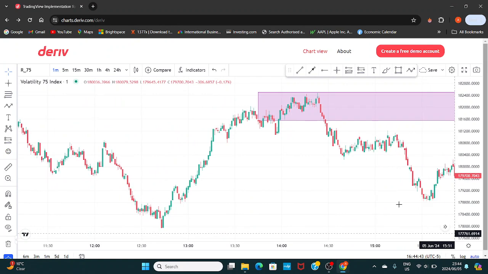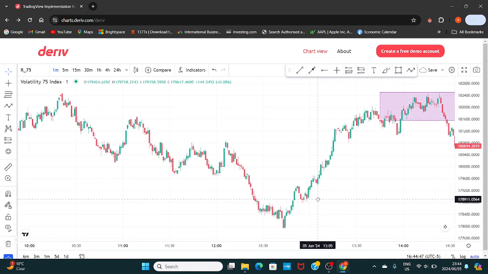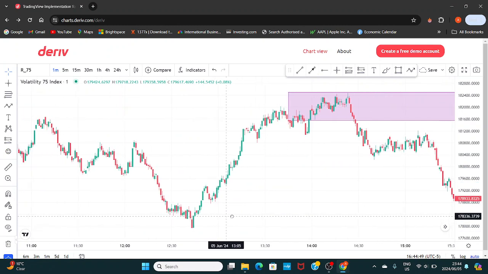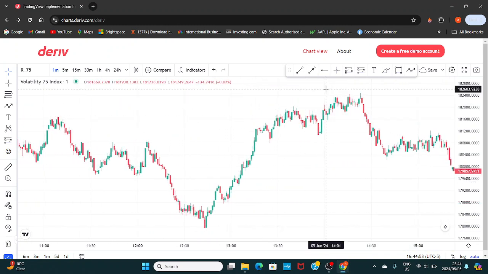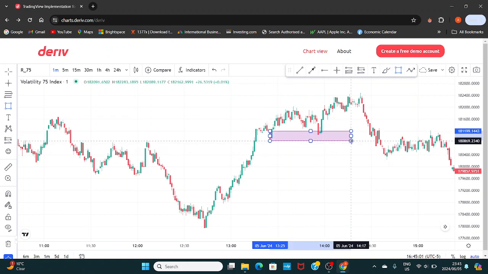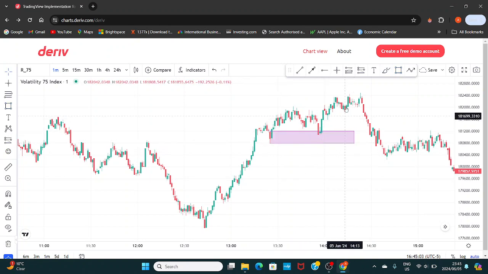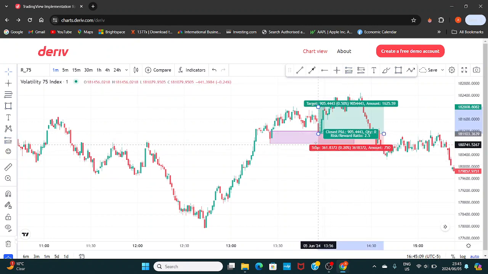Let me make an example for those of you who might not be quick at catching stuff. Okay, let me just do this. Here's an order block right here. I generally look for a 1:4 bagger right here and then enter a position here, putting my stop just below the order block.